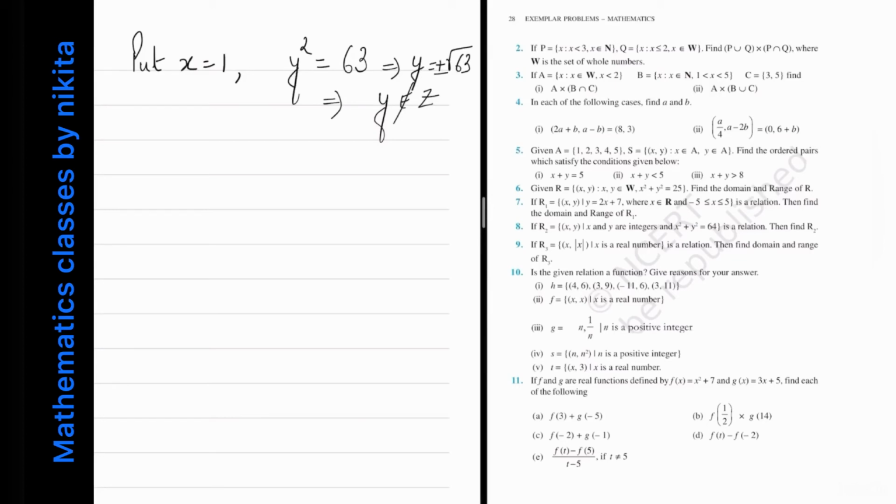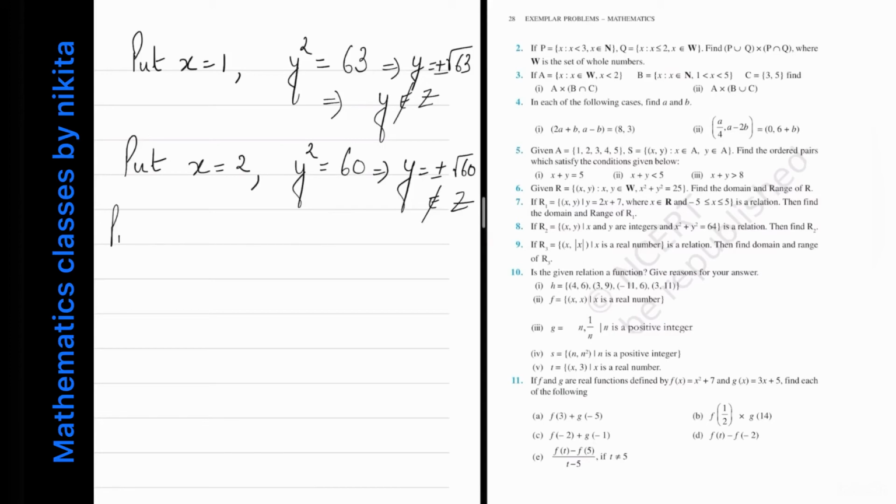So plus minus, it is not an integer. So this case will not work. Put x equal to 2. Y square will be equal to 64 minus 4, which is 60. And this implies that y is equal to plus minus root 60. Again this is not an integer.